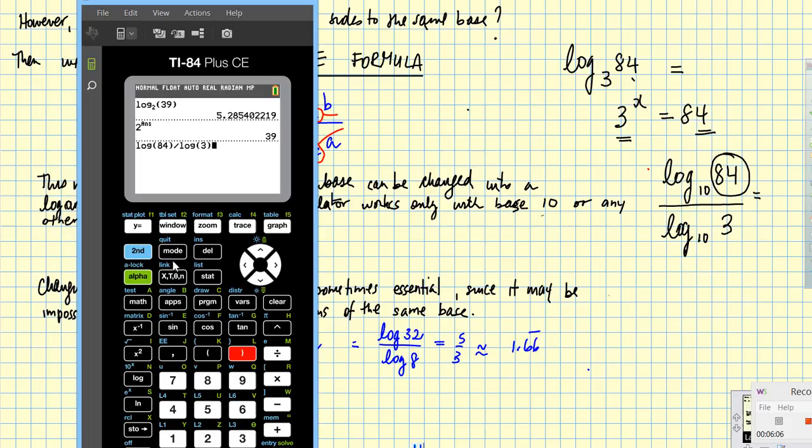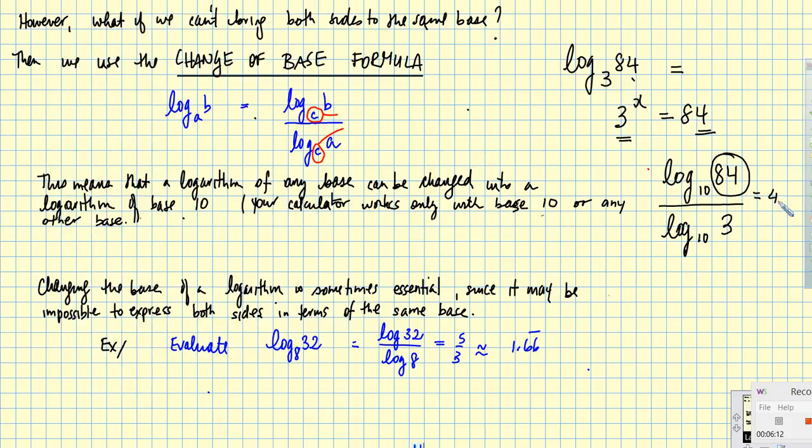I'm going to then say enter, and I end up getting 4.03. So that means that if I were to do 3 raised to the power of 4.03, that would tell me that I would have a value of 84.